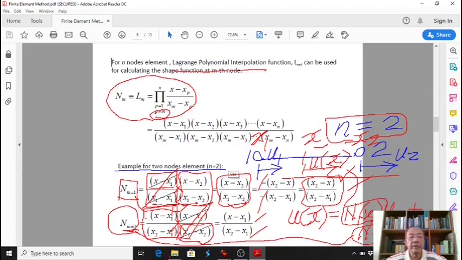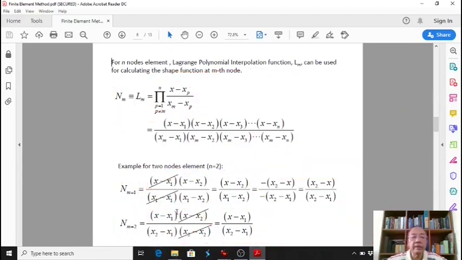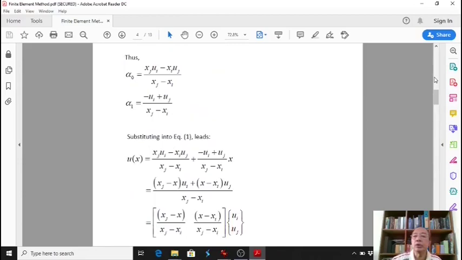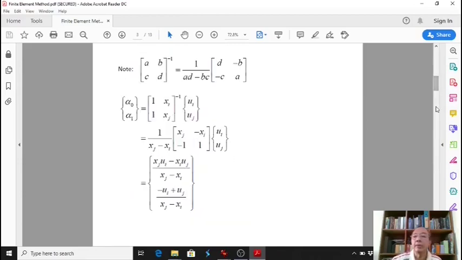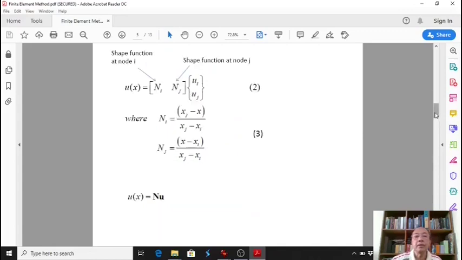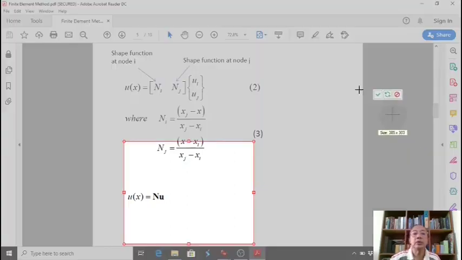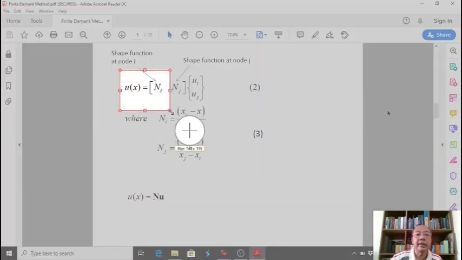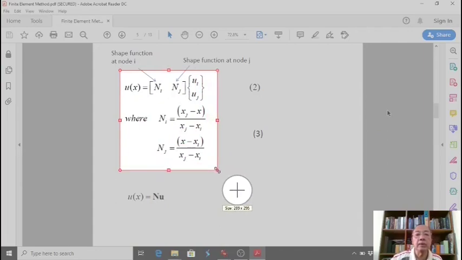Okay, so finally we found the formula for n1 and n2. If we consider back to what we derived just now, we got the ni and nj formula.